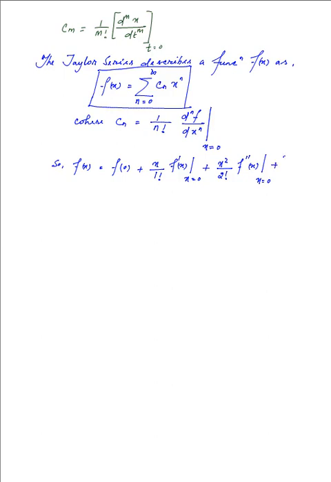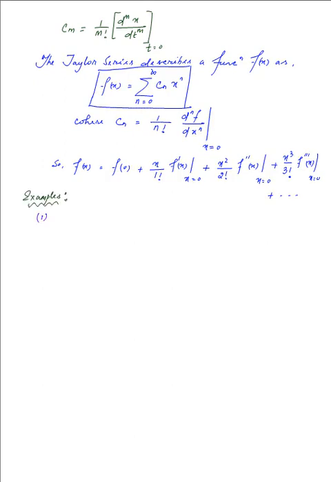Then again x cube over 3 factorial, third order derivative and then setting it to 0, and it continues up to infinity. Now let's take a few examples for our understanding.